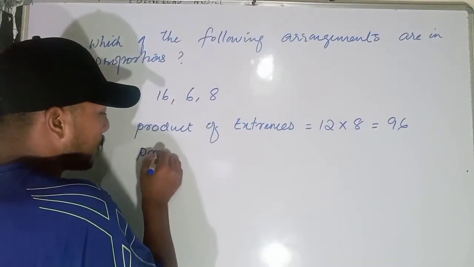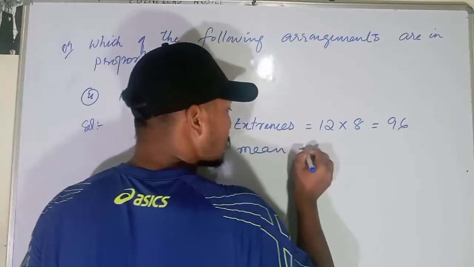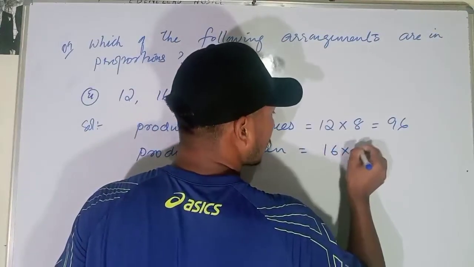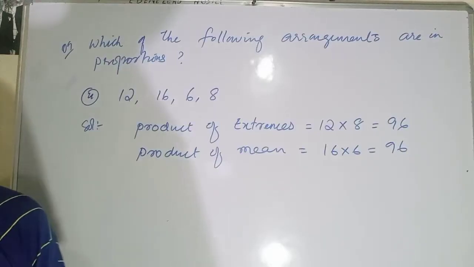Now let's find the product of the means, 16 into 6, that is also 96.